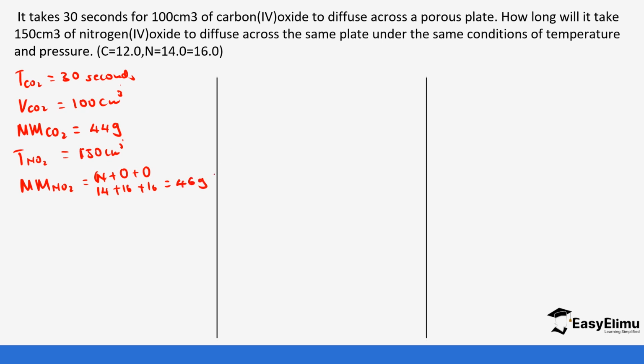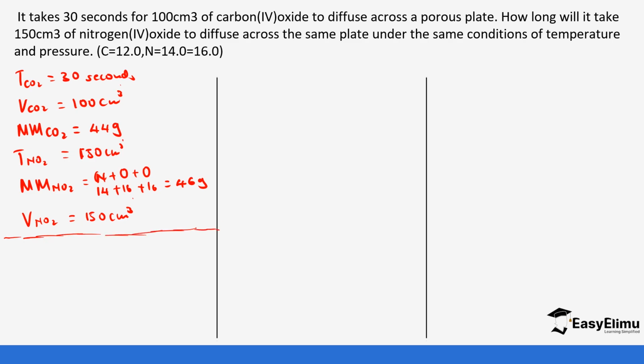And so for the nitrogen dioxide, we have the volume and the molecular mass. We don't have anything else. We do have the volume of nitrogen dioxide, which is 150 centimeters cubed. So there are two ways you can do this question. I'll show you the first method, which is the very common method that most students tend to use.